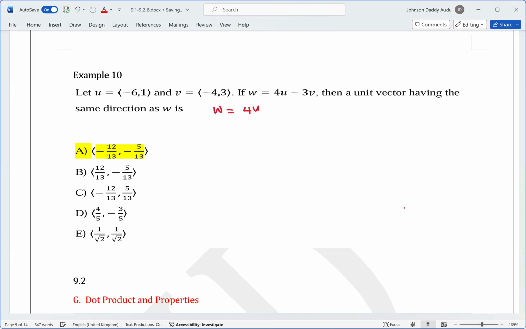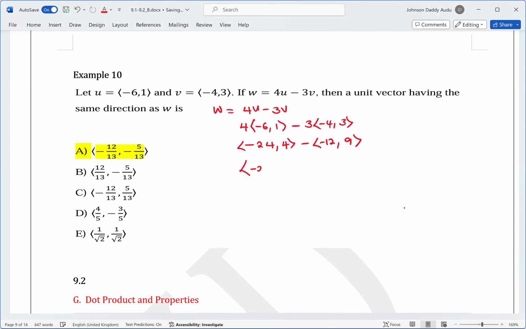W is 4U minus 3V, and this is 4 into minus 6 and 1, minus 3 into minus 4 and 3. This is minus 24, and 4, minus, this is minus 12, and 9.